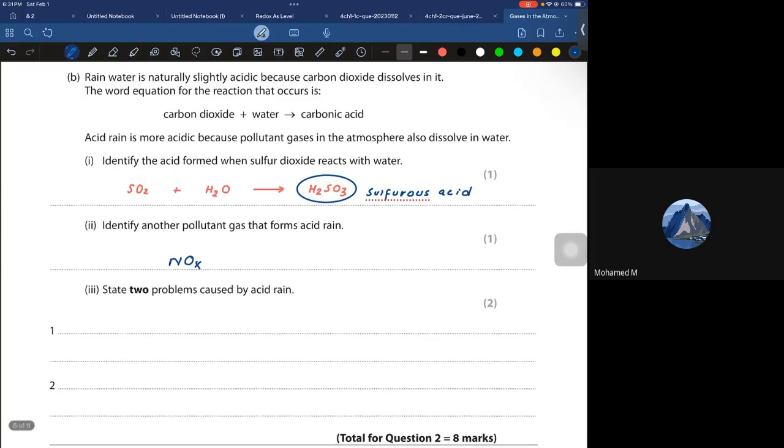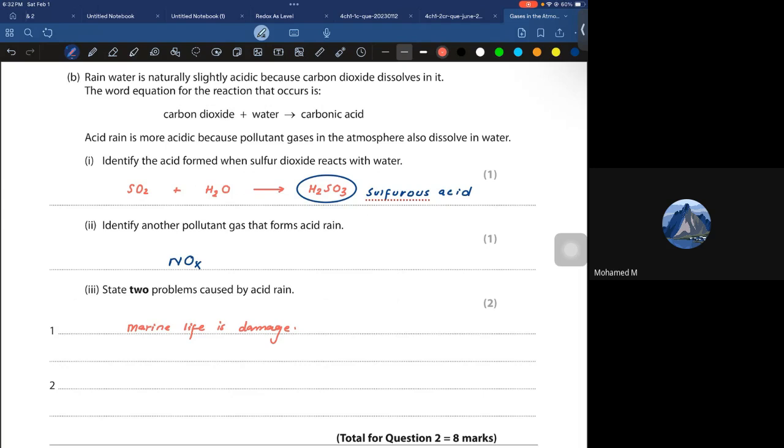The easier thing is that marine life is damaged, or you can say the acid rain can damage the marine life.